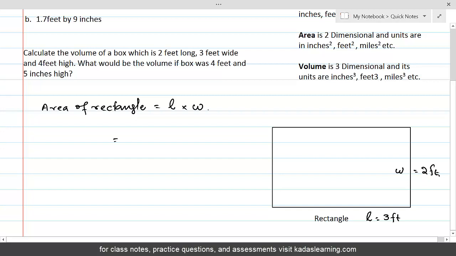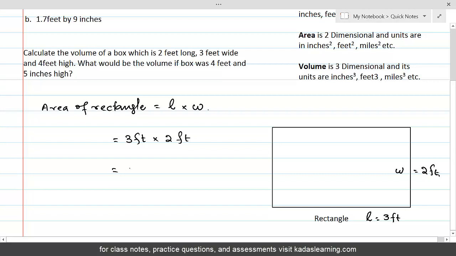What is length? Length is 3 feet. The quantity length is being represented by the number and the unit, feet. Times width, which is again 2 feet. Now number with number will produce 6.